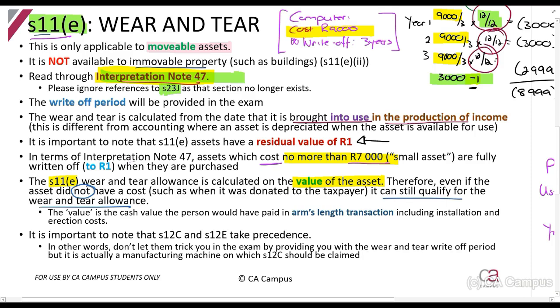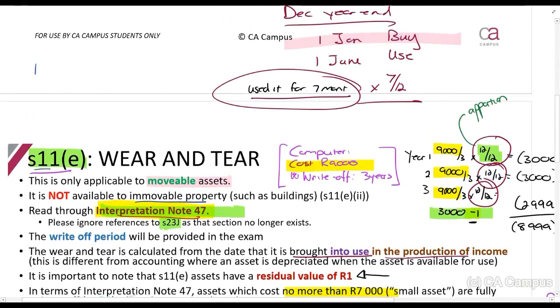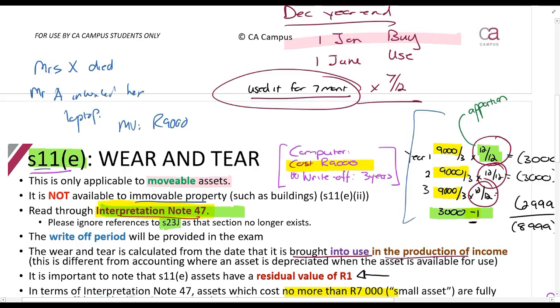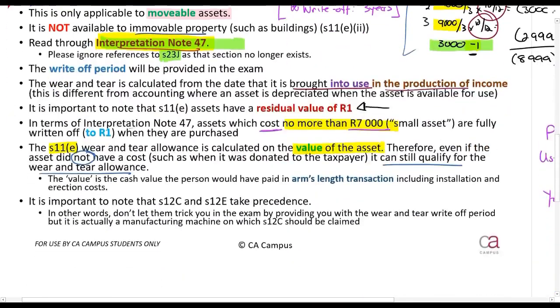So they'll say to you, Mrs. X passed away and Mr. A inherited her laptop. Right, the market value at that time was 9,000 rands. And let's say there was the remaining useful life, you do the same thing over here. Right, whatever the case may be. So you'll use the market value of the asset.